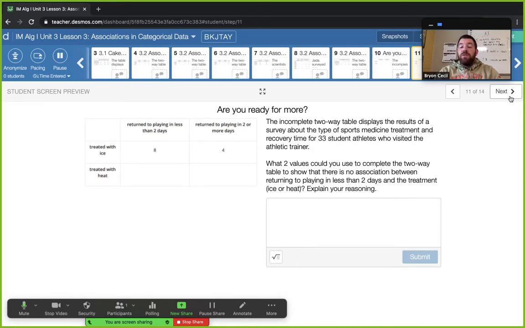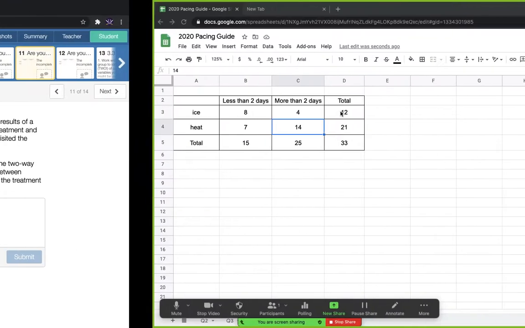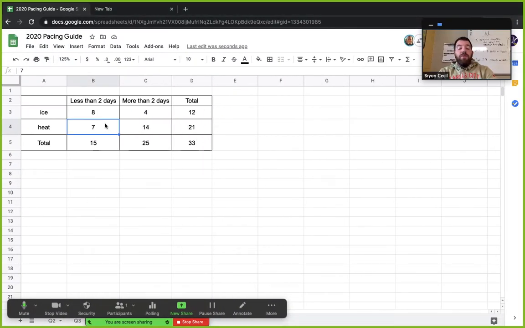Now, what two values could you use to complete the two-way table to show that there is no association between returning to play in less than 2 days and the treatment? All right, so now, for me, I'm gonna go this 14 and 7 because you see here the ratio is 2 to 1 as far as the people that bounce back in less than 2 days compared to those who bounce back more.